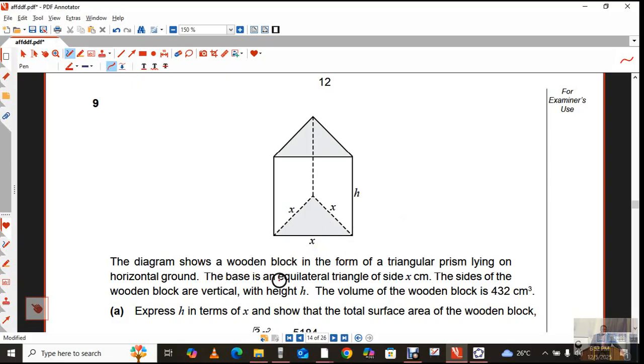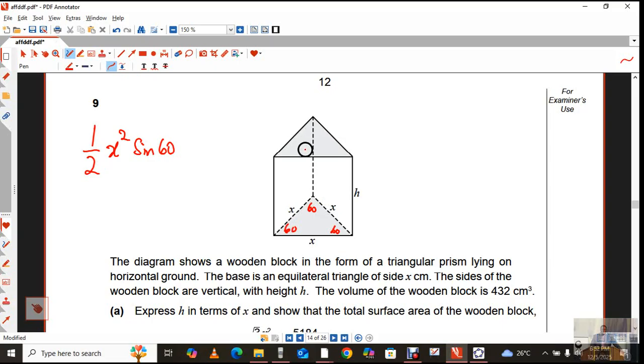The base is an equilateral triangle, and to find the area of an equilateral triangle, it is a half times the two sides, in this case x times x, which is x squared, times the sine of that angle, which is 60 degrees. Because this angle here will be 60, and there will be 60, and there will be 60, right? So that is how you find the area of this shaded part.